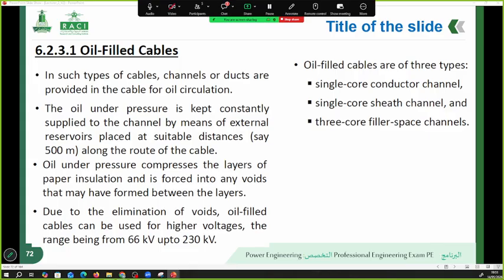The pressure oil serves critical purposes: it compresses the layer of paper insulation and is forced into any voids that may have formed within the cable. Because this design effectively eliminates voids, oil filled cables can be reliably used for higher voltages, especially in the range of 66 kilovolt up to 200 kilovolt.